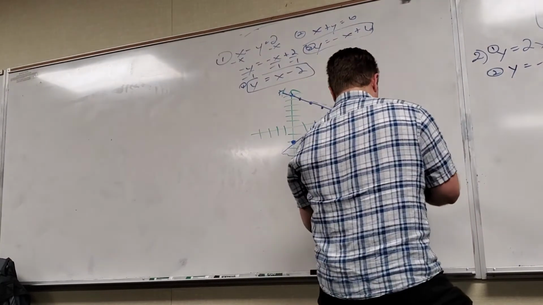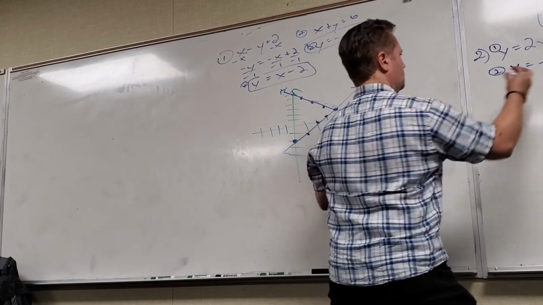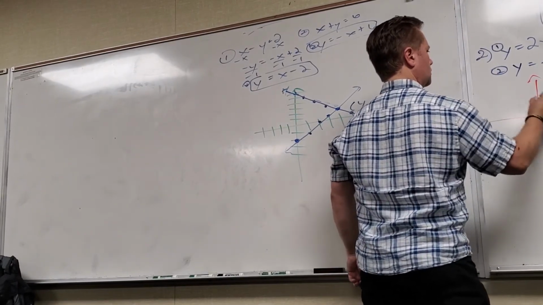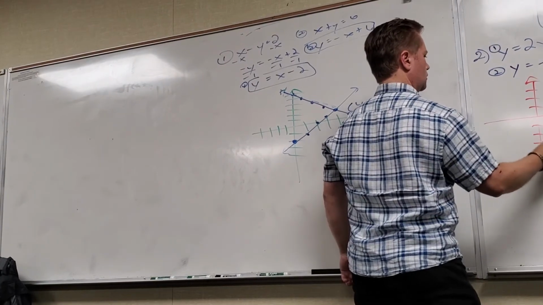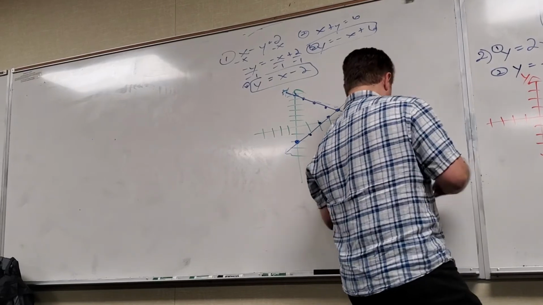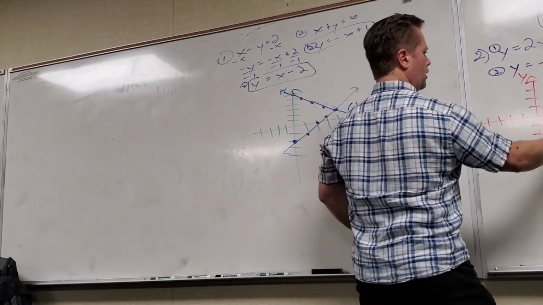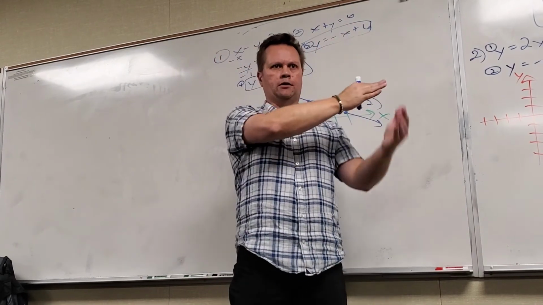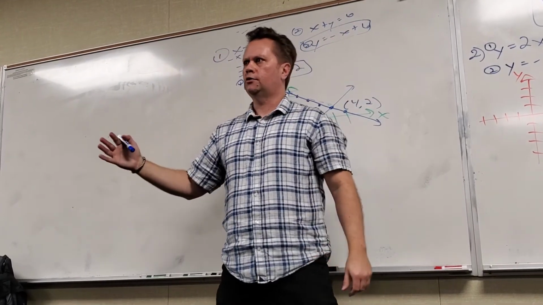So if I go to graph these, I think I told you guys, if you're going by ones, you don't have to necessarily label them. Anything else, you must label it so I know what scale you're using.